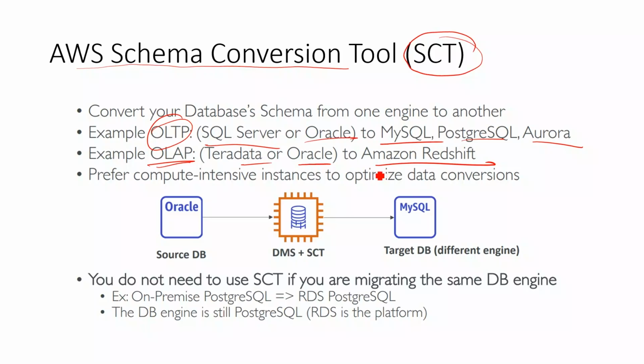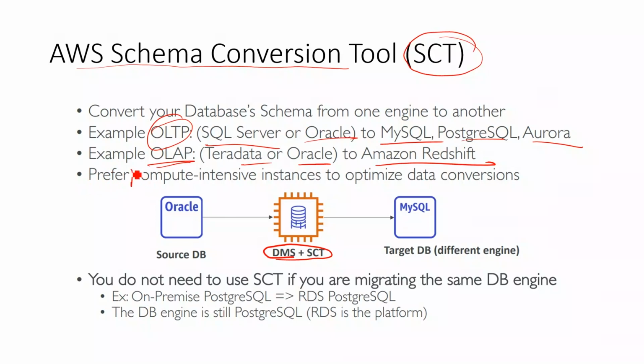And this EC2 instance which is running over here will contain the DMS, which is the Database Migration Service, plus the Schema Conversion Tool. It will do all the heavy lifting for you. And prefer compute intensive instances to optimize data conversions.